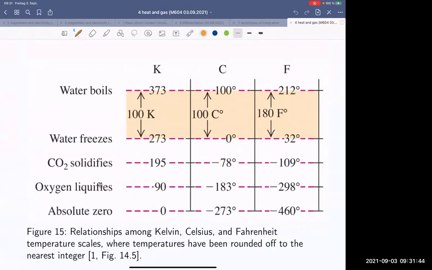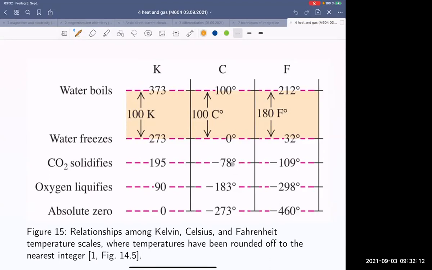Let's consider other things. For example, oxygen becomes liquid at negative 183, but it's really hard to reach this situation. Negative 78 is quite close to the storage temperature for the Pfizer vaccine, negative 70 degrees.